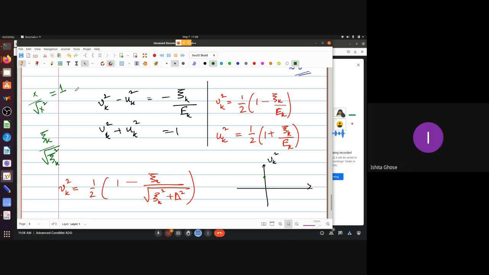In other words, this result you're talking about, is it correct for positive x and negative x both? So for negative x, this will become minus 1. Why is that? It will become minus x by x. Actually, it will become x by minus x.